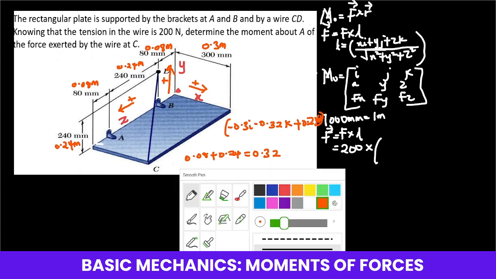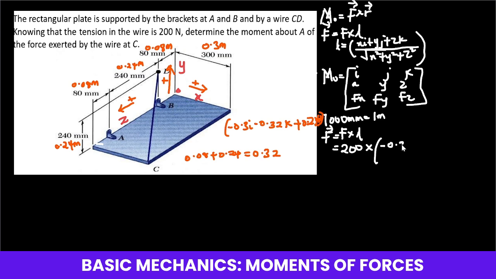With this, we can really arrange them together. So if you arrange it, you're going to get negative 0.3 here as our i. Then we are having plus 0.24j. Then lastly, we're having negative 0.32 here as our k here, all divided by, don't forget this, you square this.